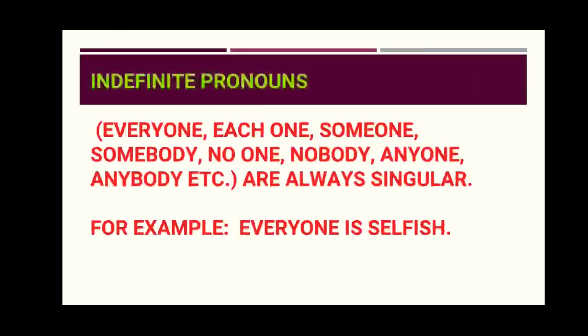Examples: everyone is selfish. Though remember one thing, that in indefinite pronouns we have a few more words like few, some, both, all, etc. With these we use plural verbs.